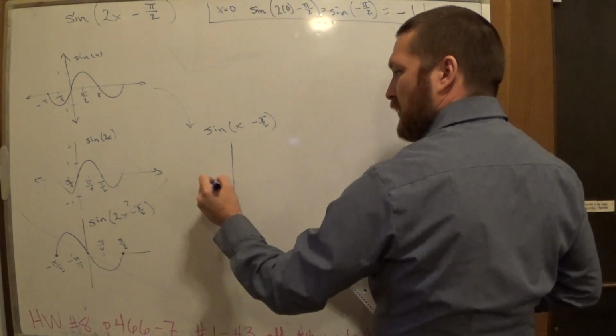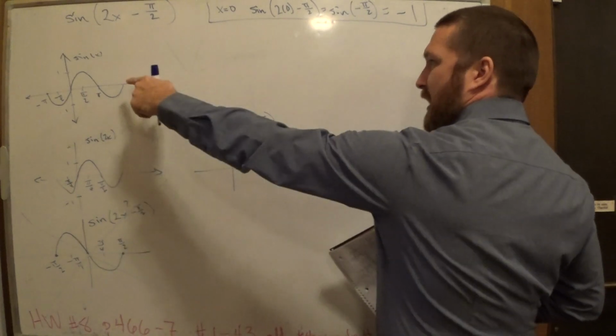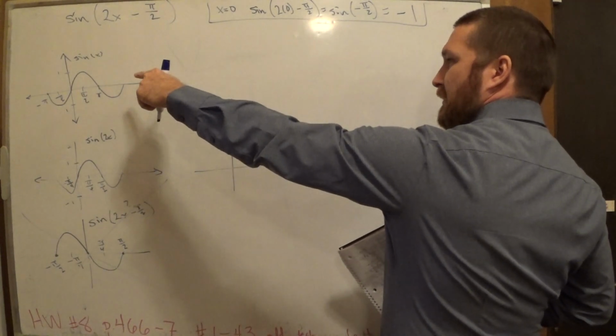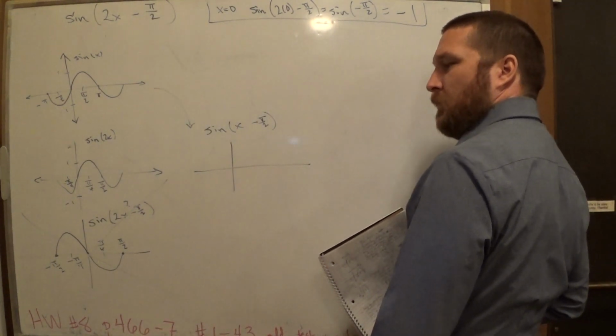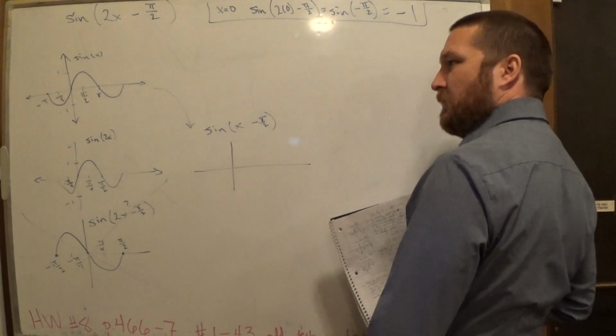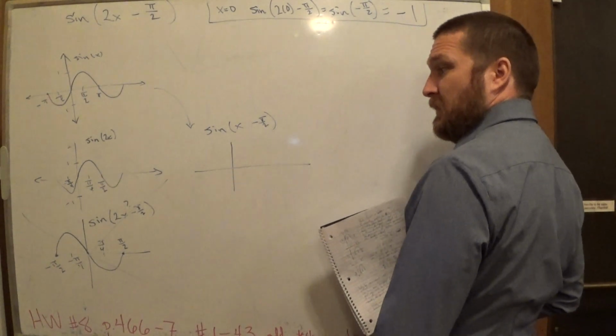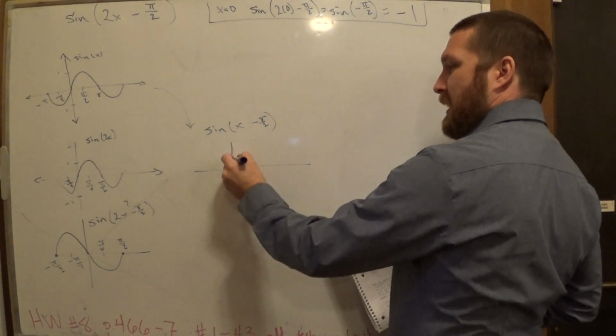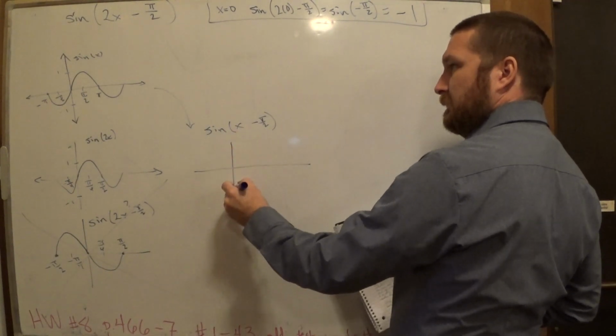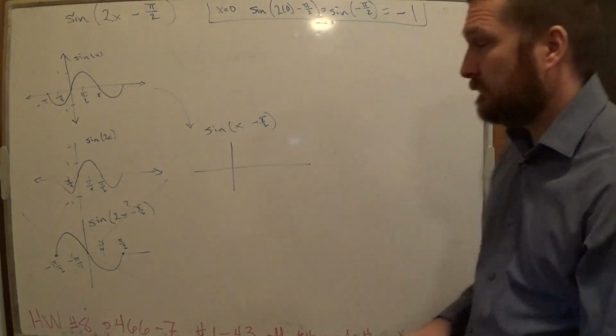And what does that do to this graph? That's what we had at the bottom. It shifts it to the right. It should shift it to the right by how many units? Pi over 2. And so where does it cross the x-axis or the y-axis?